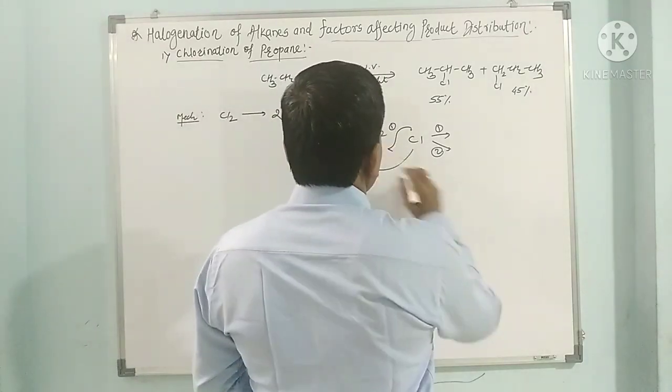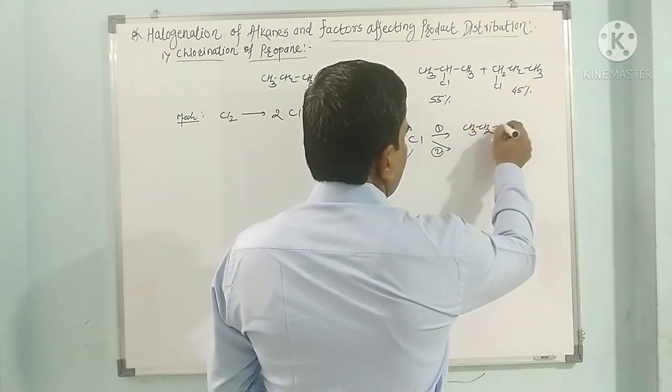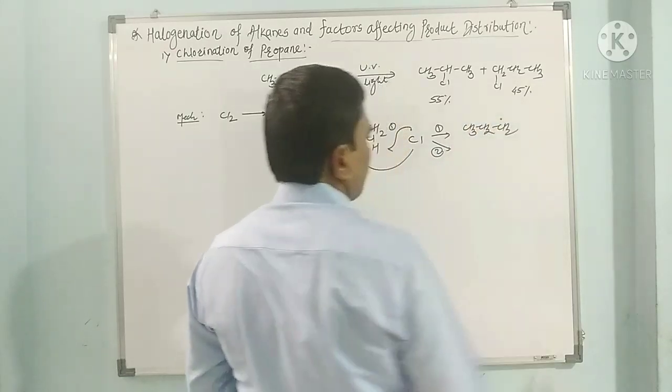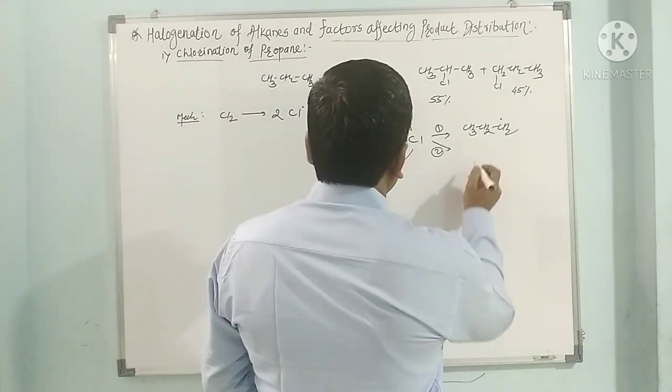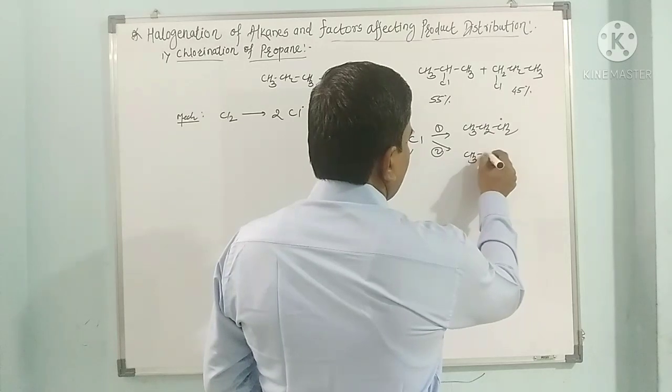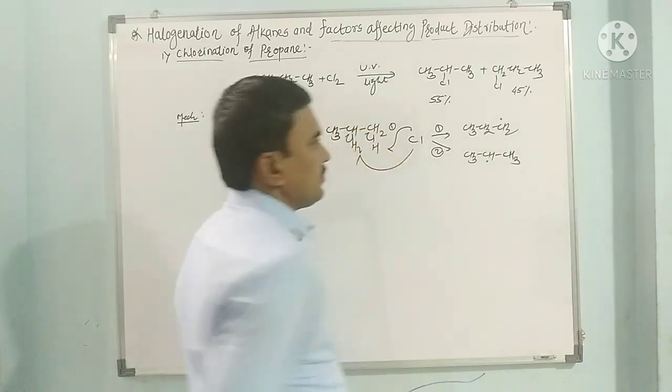So here through route 1 we get CH3, CH2, CH2. So this is a primary free radical, and through the second we will get CH3, CH, CH3.